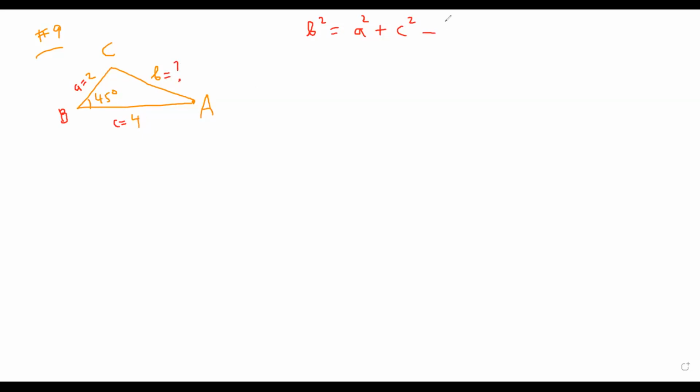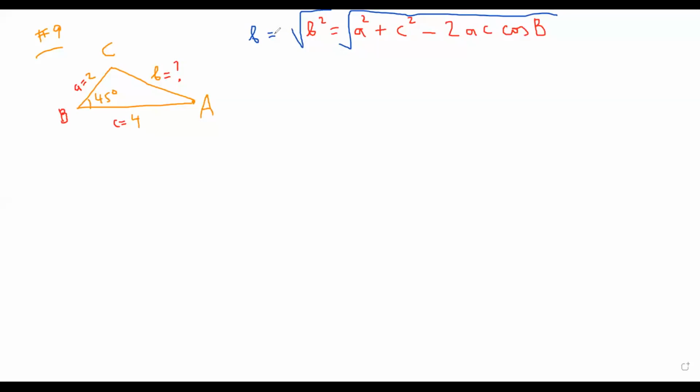And then you subtract 2 multiplied by ac, and then the cosine of that angle in between, cosine of B. So if I want to find B, if I want to lose that square, I can extract the square root. So I will be square rooting this and get the side B.